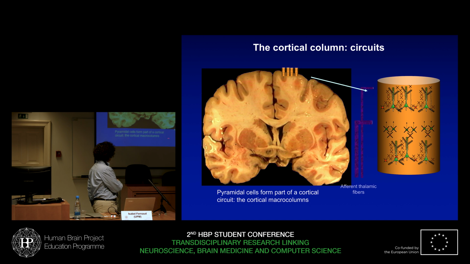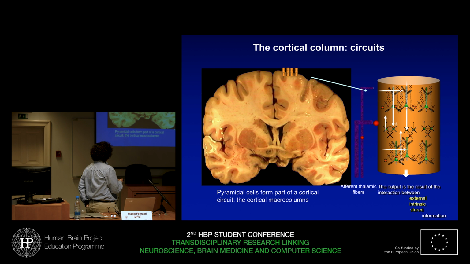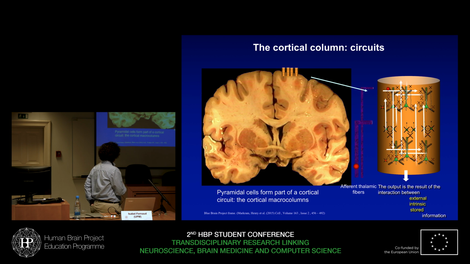We know that afferent thalamic fibers make contact in the central layers, especially layer 4, and also the surface layers. And these afferent thalamic fibers make the neurons in the column start a complex net of connections that we are currently studying, and the output is only one signal that comes out of the column, and it's the result of the interaction between external, intrinsic, and stored information.